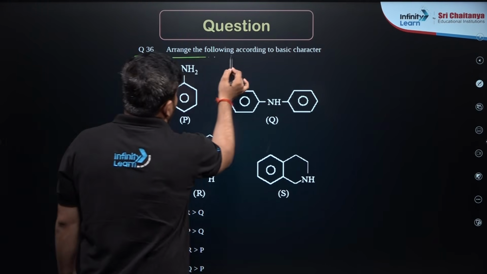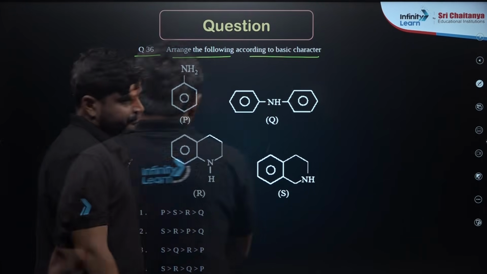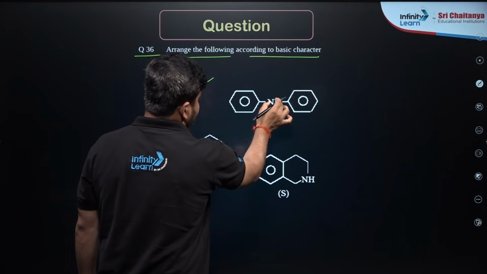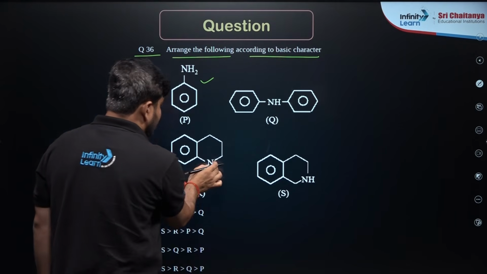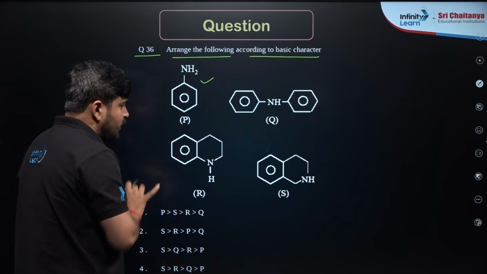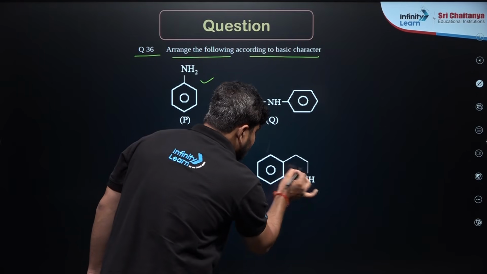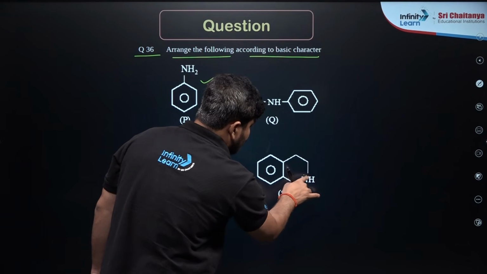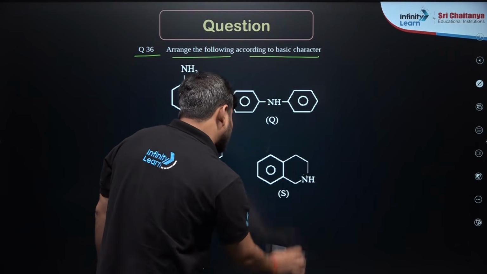Arrange the following according to the basic character. In this question, firstly aniline is given, here a C2 group is attached, here nitrogen with hydrogen is there, and then S. S is more basic because the lone pair is available. Here this hydrogen is there and two bonds on this side, so definitely the lone pair is there, so this is more basic.